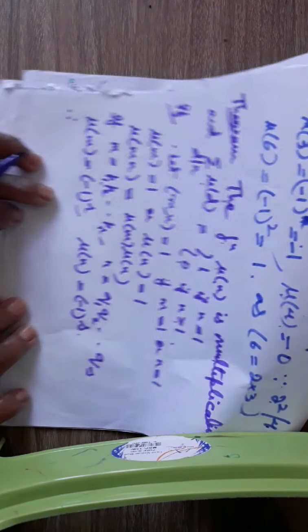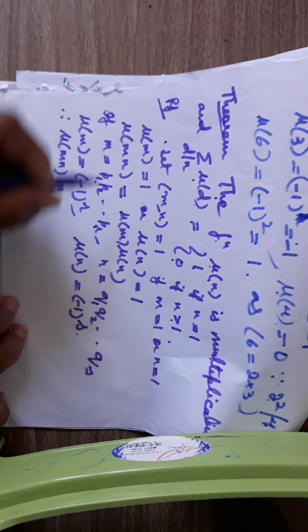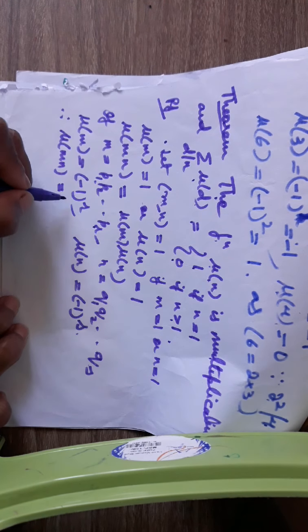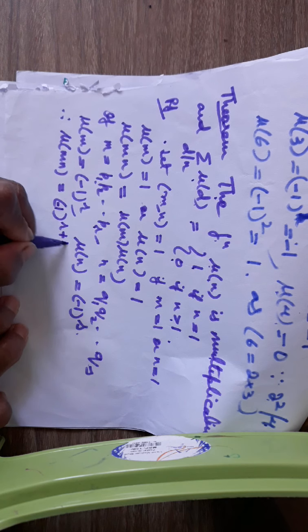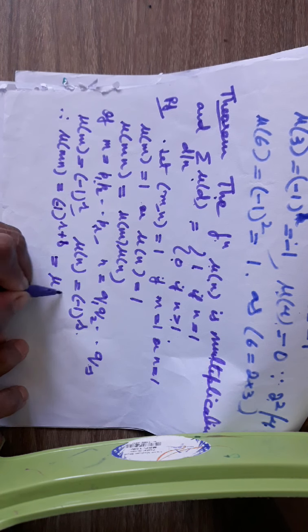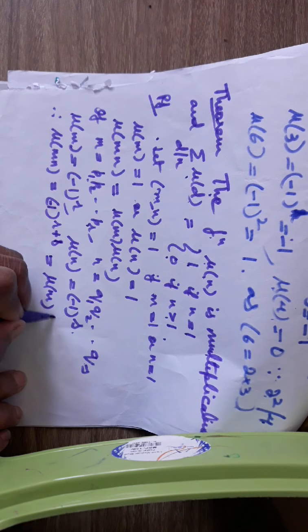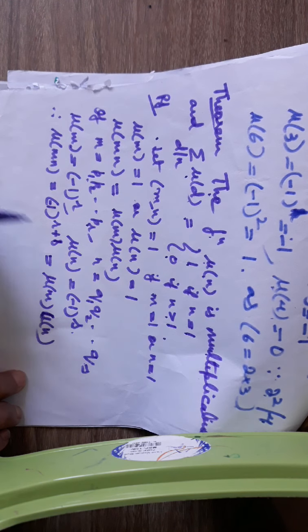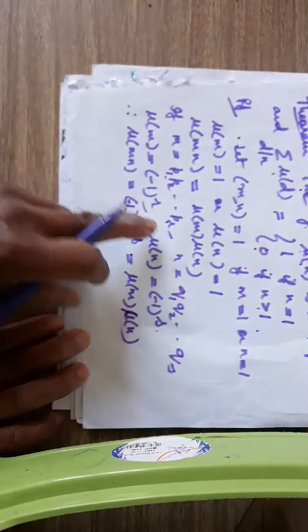So therefore mu of mn, which is a product of r plus s distinct primes, will be minus 1 to the power r plus s, which is the same as mu of m, that is minus 1 to the power r, into mu of n. So therefore mu is a multiplicative function if m and n are of this form.